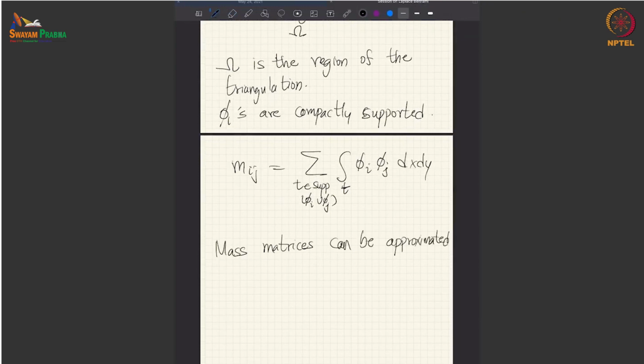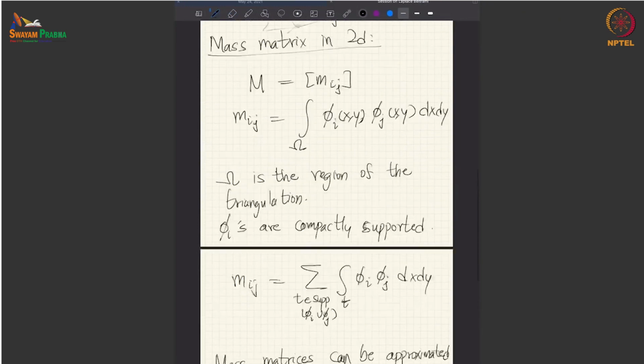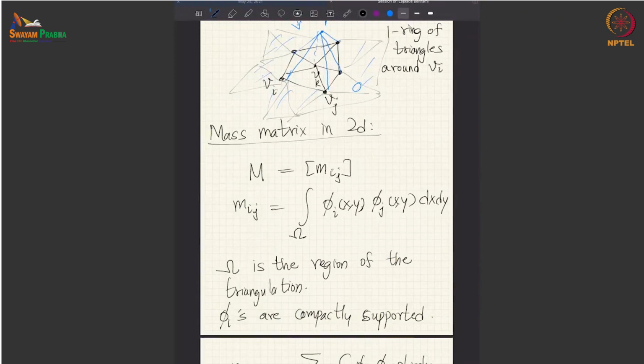And you might think, what can it be approximated by? You could approximate it by a diagonal matrix instead of having a big mass matrix like this. People then would use these functions to be value 1 on some Voronoi regions inside the mesh and compute the mass matrix on that Voronoi region and so on and so forth.